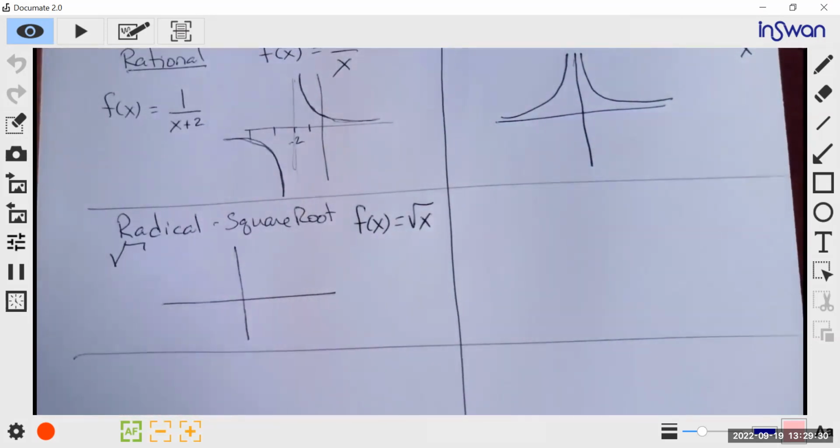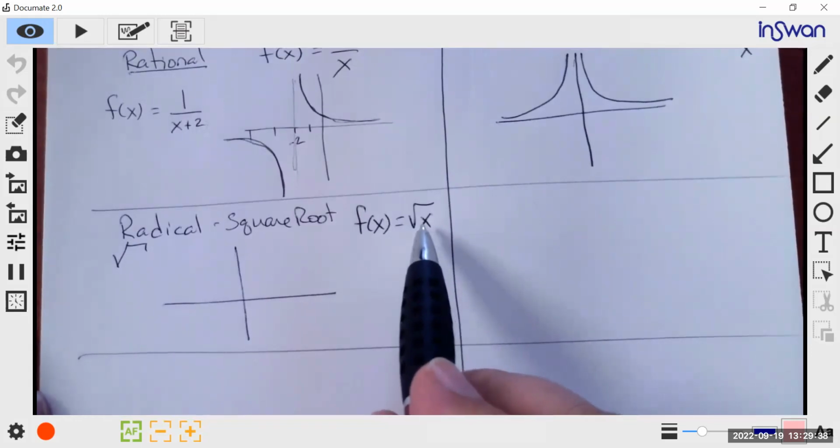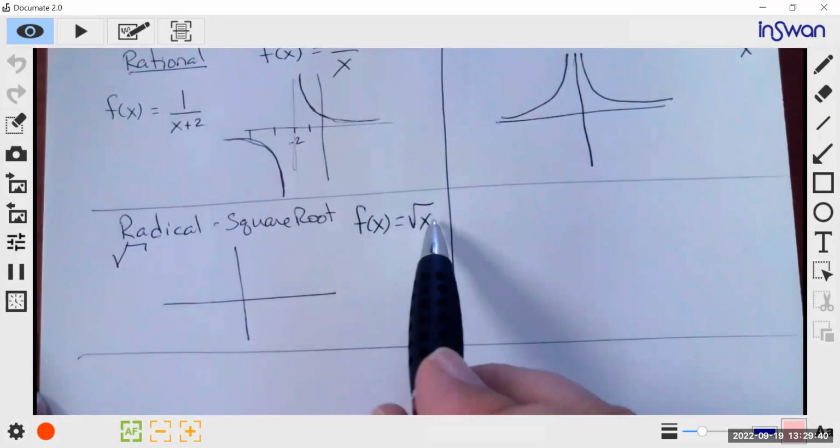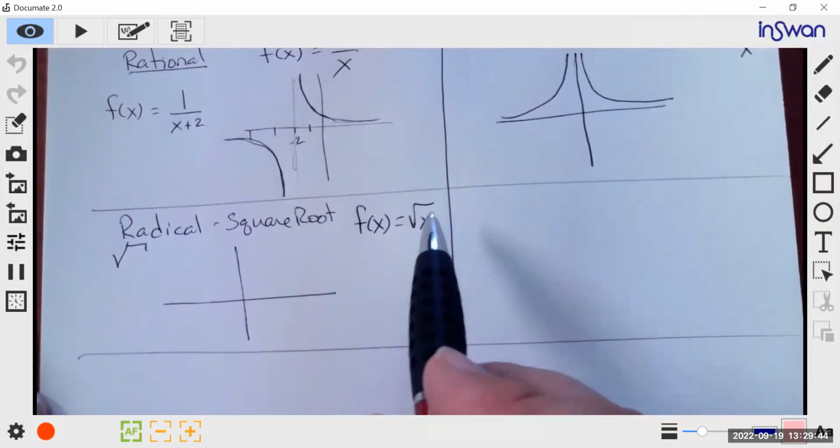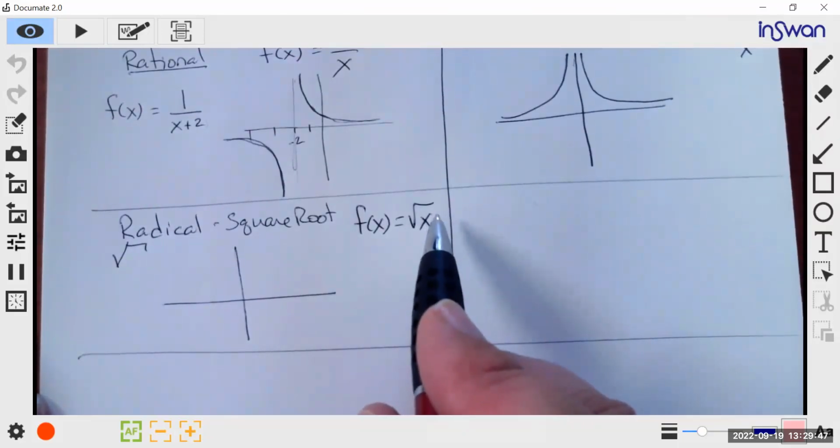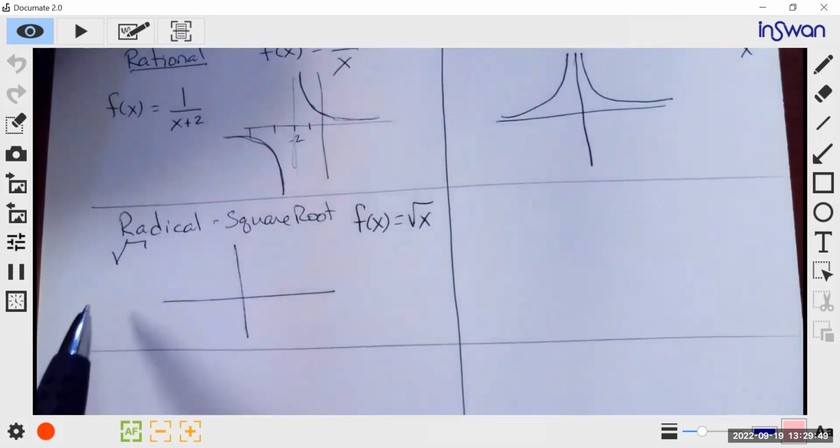So what rules do we know about square roots? Inside there, what can X be? Can X be negative? No. Can X be zero? Yeah, square root of 0 is 0. Can X be positive? Okay, so the only thing is, we can't use negatives.